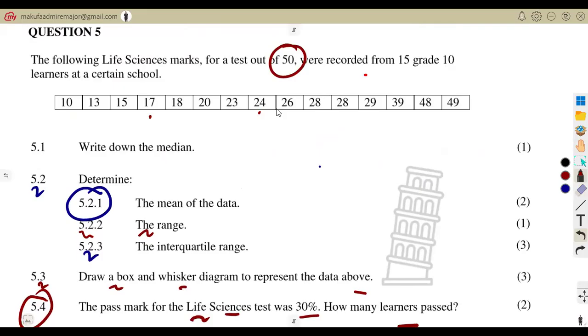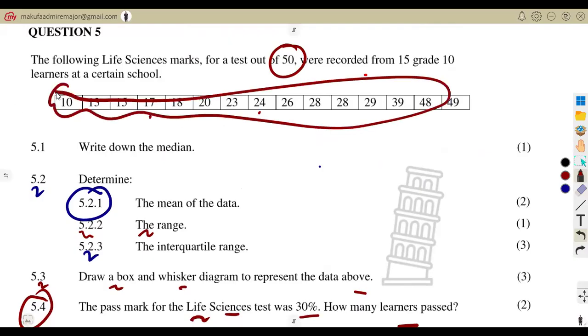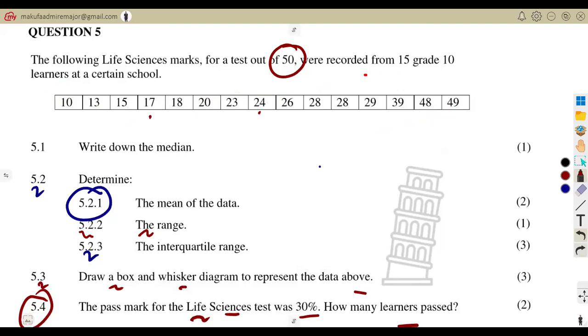So when you say you've got 30%, which mark can we consider as a pass mark before we talk of the learners who pass? Because these are not percentages, these ones. Guys, be careful. They gave you here as a percentage. These are not percentages. These are marks. The following life sciences marks for a test, the test was out of 50.